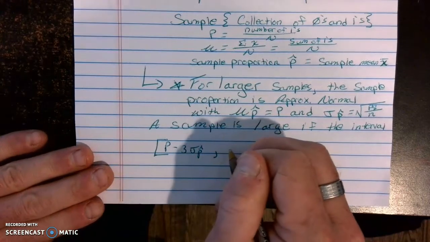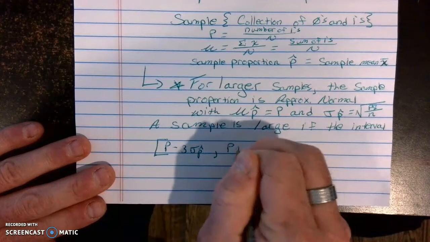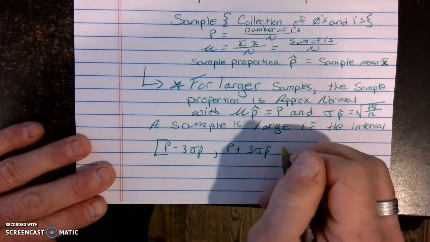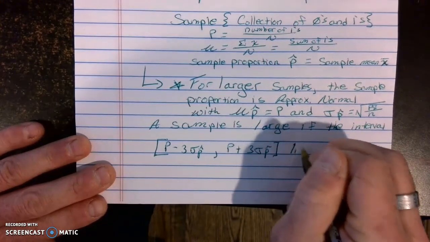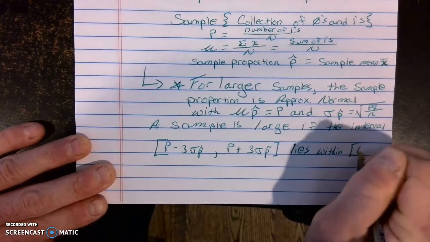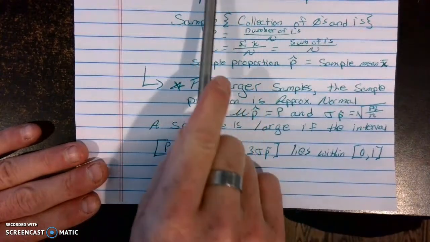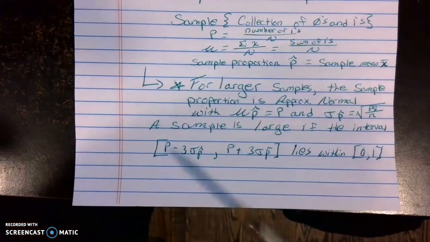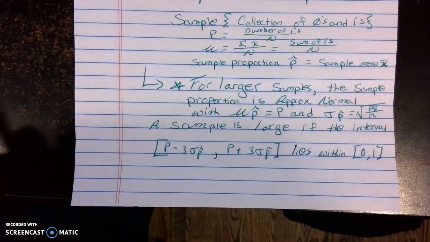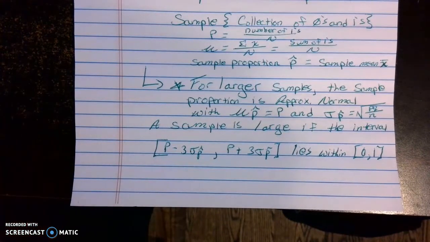If we subtract three times the standard deviation and also add 3 times the standard deviation of that sample proportion, it will lie within the interval 0 to 1. All that's saying is that when you add these two values together, we know it adds up to 1, but if you subtract or add 3 standard deviations from P, it's going to be within there. It's essentially going to be a percentage. It's not going to be less than 0, and it's not going to be greater than 1.